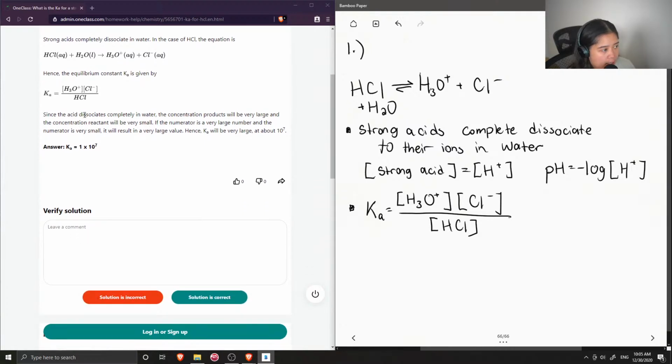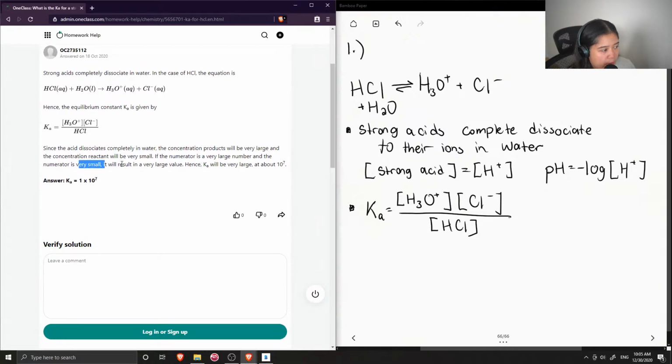Since the acid dissociates completely in water, concentration products will be very large and the concentration reactant will be very small. If the numerator is a very large number and the denominator is very small, it will result in a very large value.